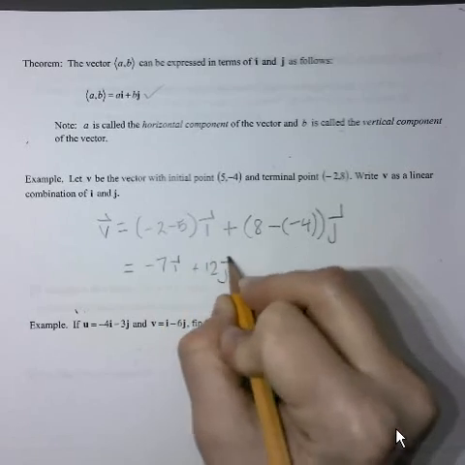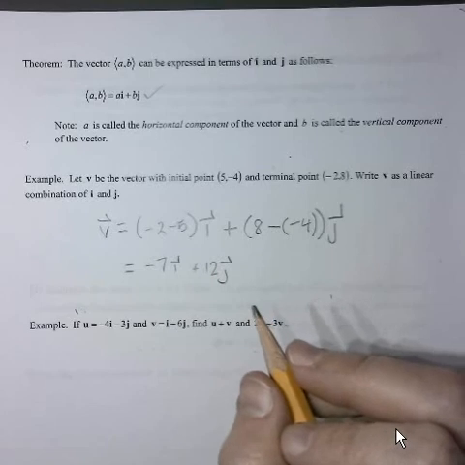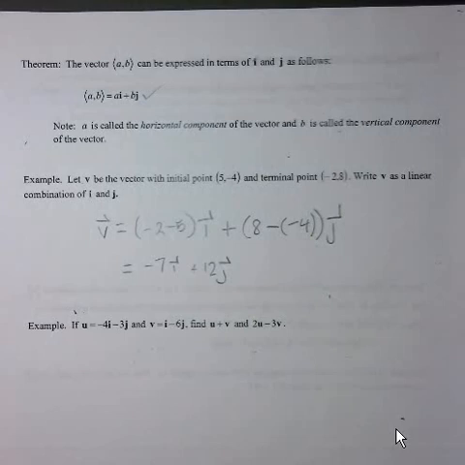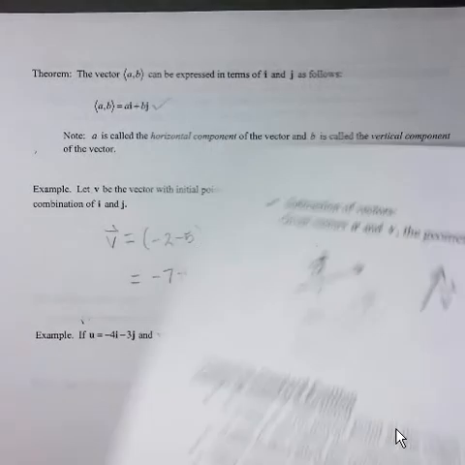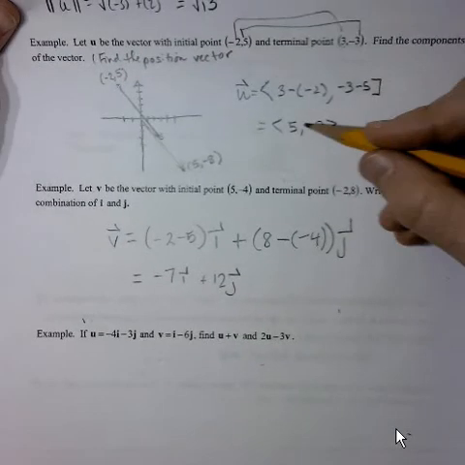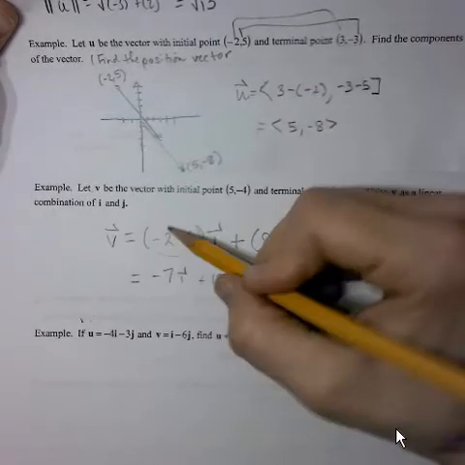So we did a problem like this. Let me see if I can find it. Well, I guess it was the second page, right? It's basically the same problem. We just used a different notation. They're different numbers of course, but that's what we did here. Rather than put it here, we just put it in front of i.